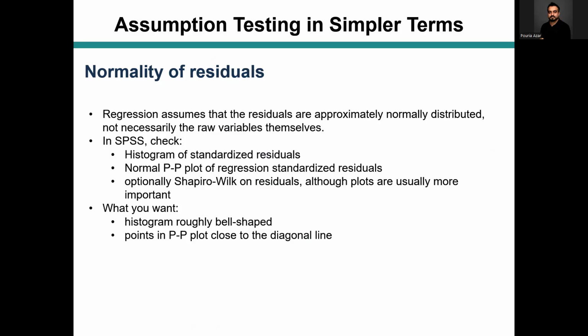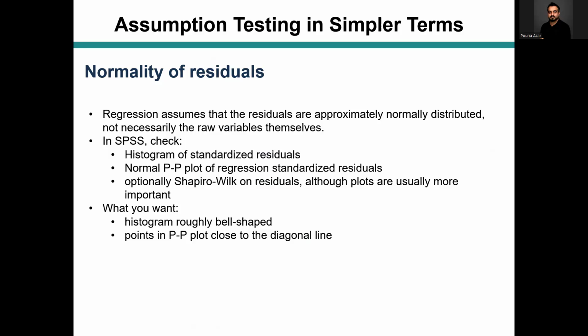We test for normality of residuals because regression assumes that the residuals are approximately normally distributed. Remember, residuals are errors.